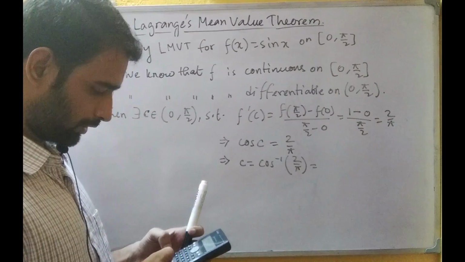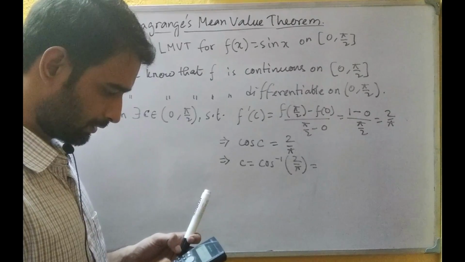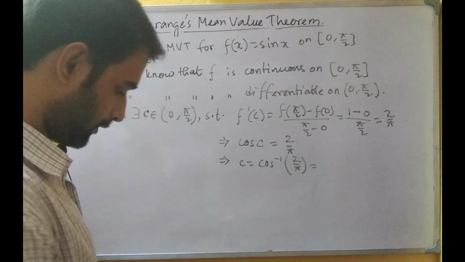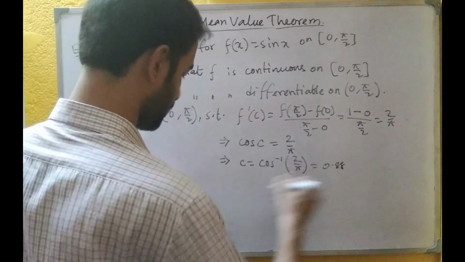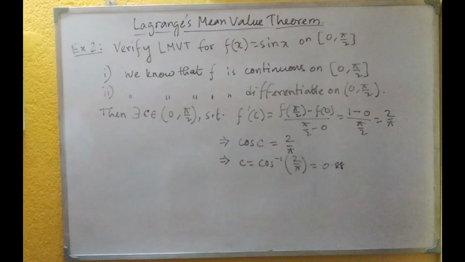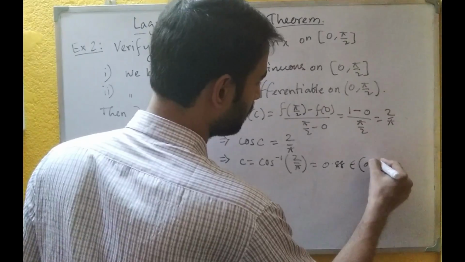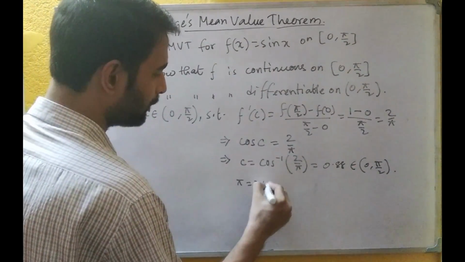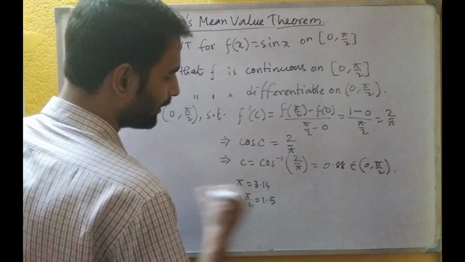Okay, so let us see cos inverse 2 by pi. It is around 0.88, and it is very clear that it is in the open interval 0, pi by 2, because the value of pi is 3.14, so pi by 2 should be around 1.5.